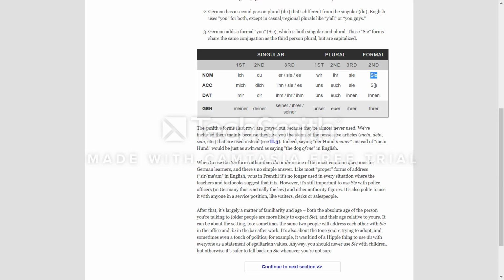This is a particular spelling just to show this is a polite form, just to show respect. English does not have this at all. It's always you, very easy, just like it's always you for the singular and the plural. However, German has a particular spelling to show respect or politeness. So sie is working in three instances just in the nominative.